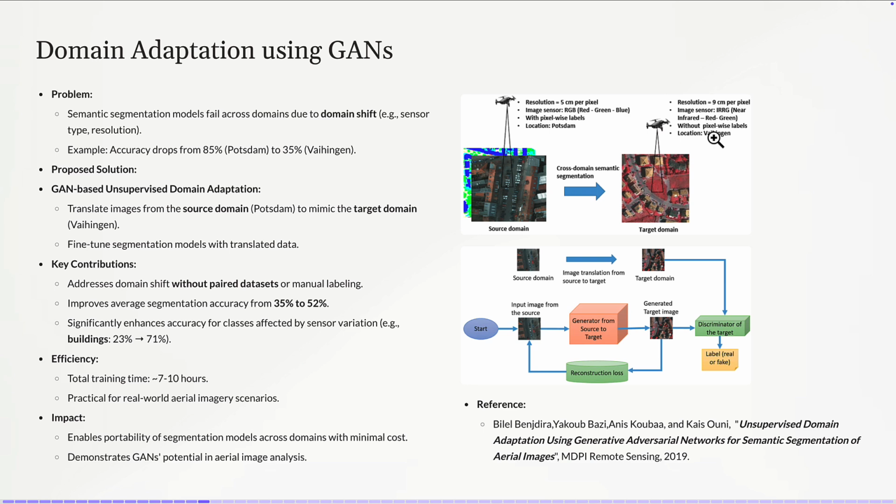This is based on an image sensor, an RGB camera, like the cameras that we use every day. This is based on a near-infrared camera, which is why it looks red. This is located in Vaihingen, a city in Germany, and this is in Potsdam.